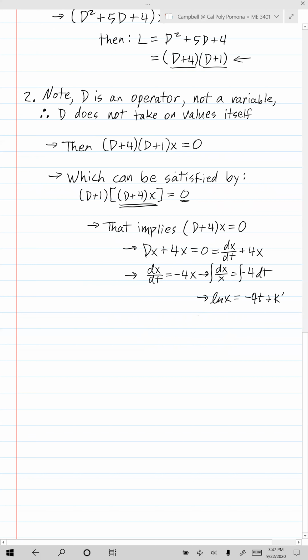And then solving for x itself, we get c1 e to the negative 4t, after we take this k prime, put it in the argument of the exponential function, add it onto the negative 4t, and break it off into its own exponential function, which is just a constant. And we can quickly see that this is, of course, one of our homogeneous basis functions. Actually, it's the exponential function that's a basis, but that's okay. We can still have that constant. So that's one of our homogeneous basis functions.